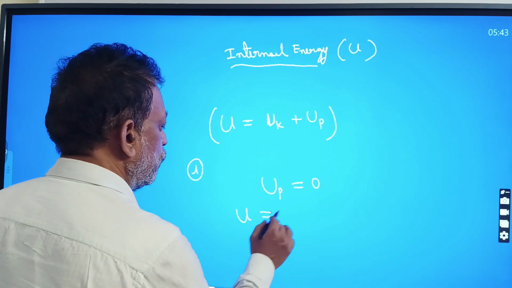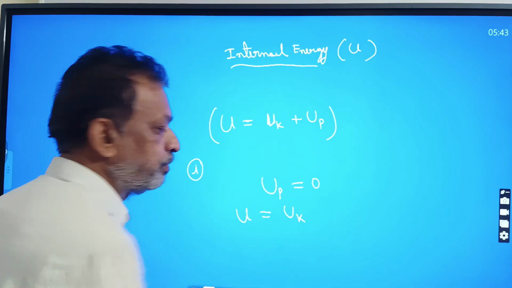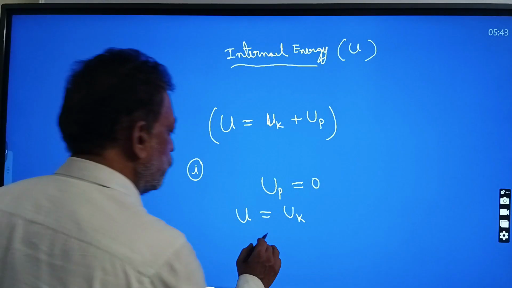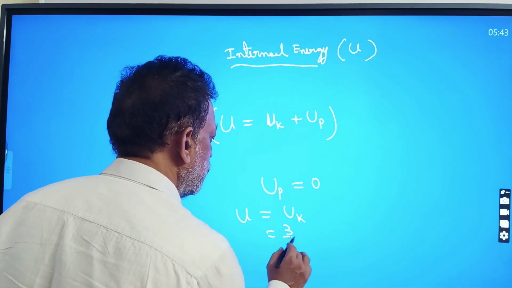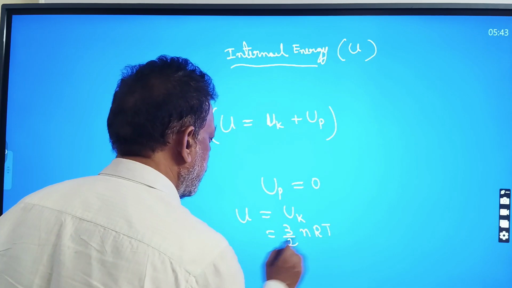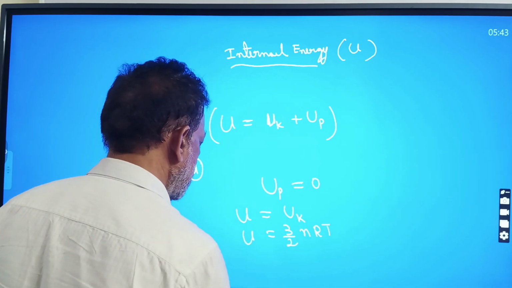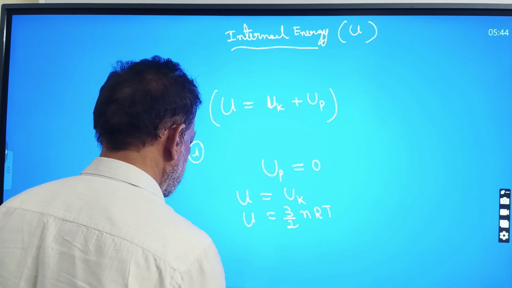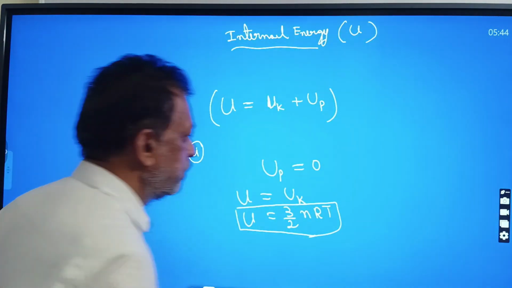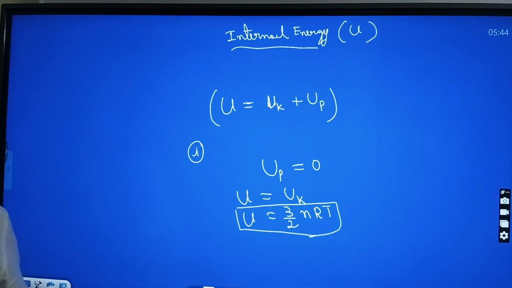So U is equal to UK, the internal kinetic energy, which is equal to 3/2 nRT. For an ideal gas, this is the internal energy. There is no molecular attraction, so the potential energy becomes 0.